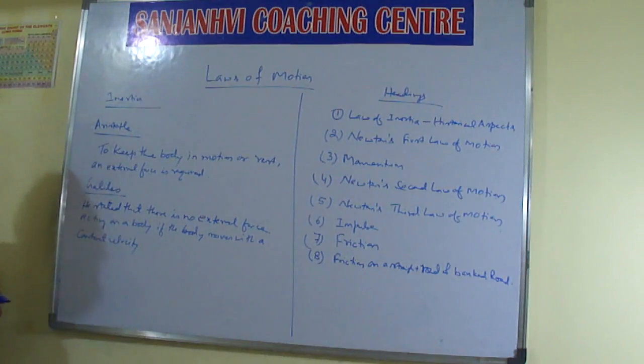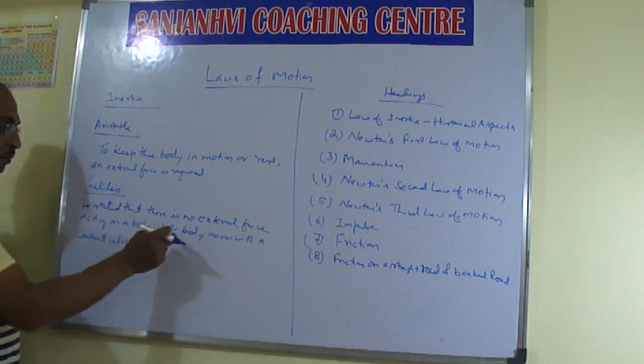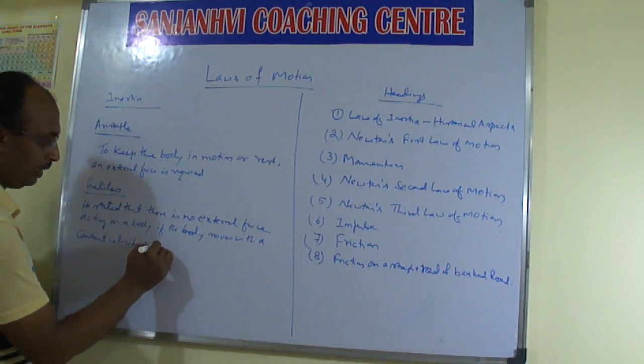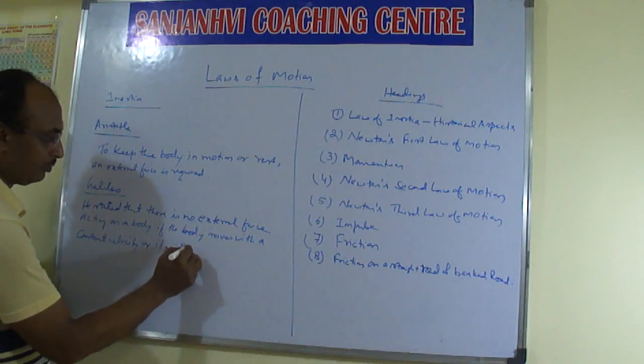See, when will acceleration be there? When there is a change in velocity. When there is a change in velocity, then only acceleration will be there. So if there is no change in velocity, and it is moving with constant velocity, then there is no external force acting on the body. If the body moves with a constant velocity, or it is at rest.